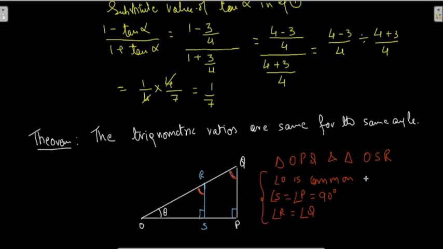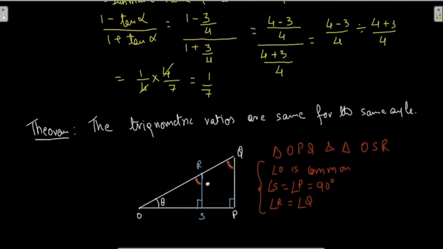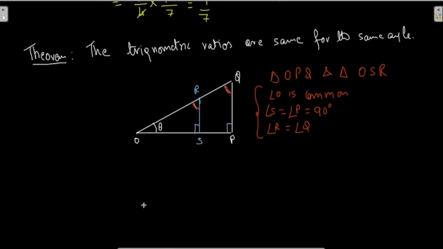If you have done similarity of triangles before, it means triangle OPQ and triangle OSR are similar triangles, similar by the triple A rule.